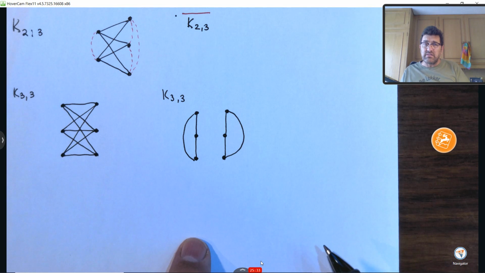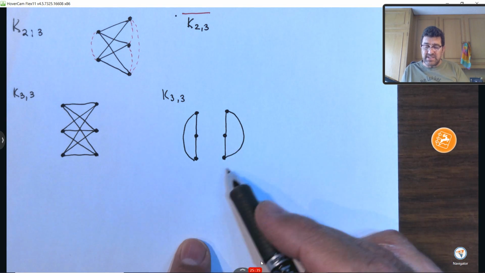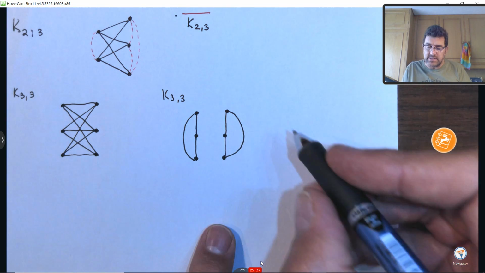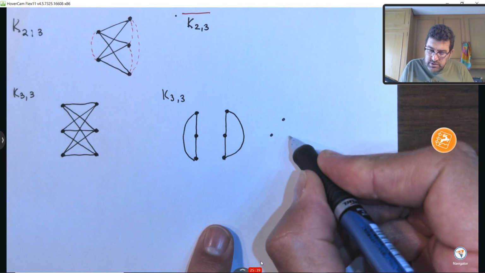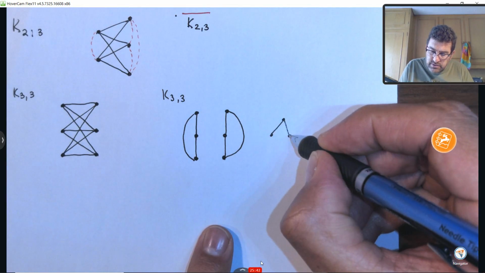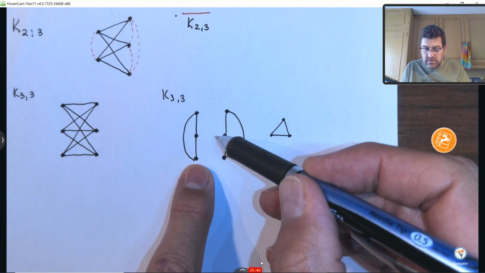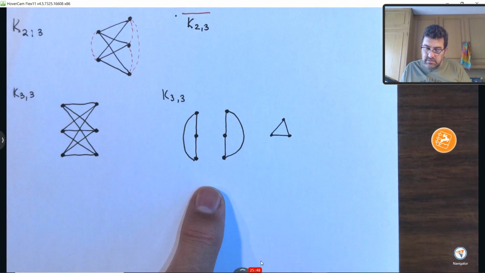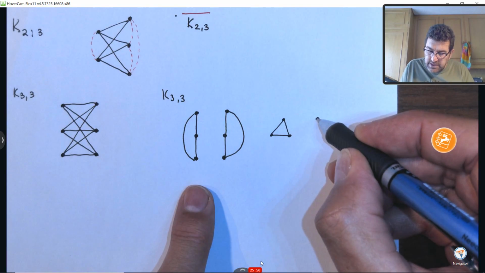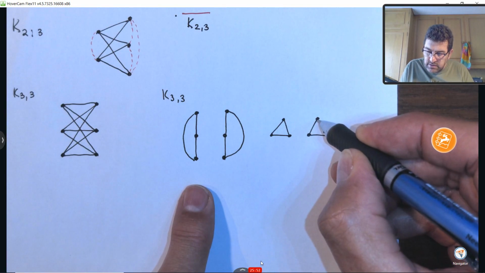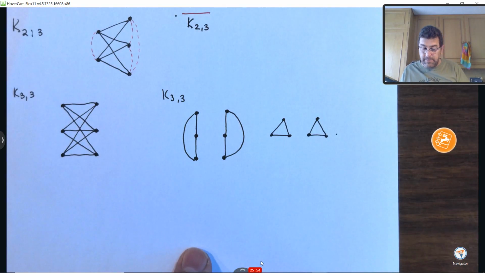Now another way to represent this, we can represent it like this, but there's 3 vertices. So we can go 1, 2, 3 and just do that. So what did we do? We just pulled this one out and we created a little triangle of it. So there's the second vertex set, looks exactly the same.